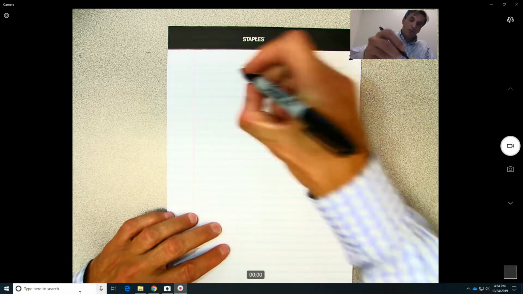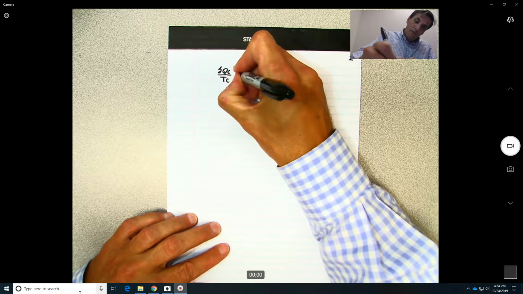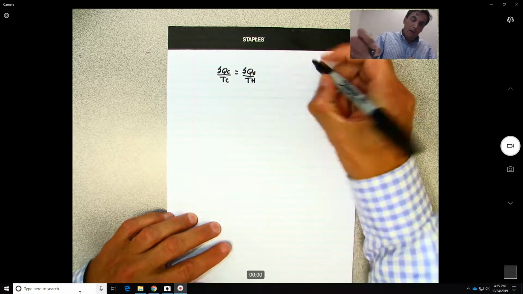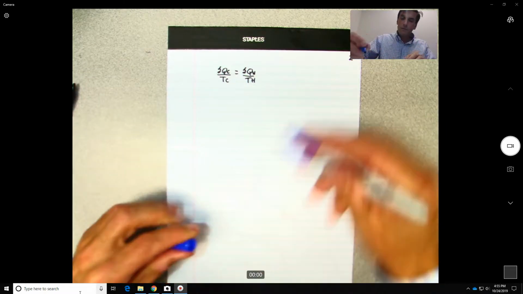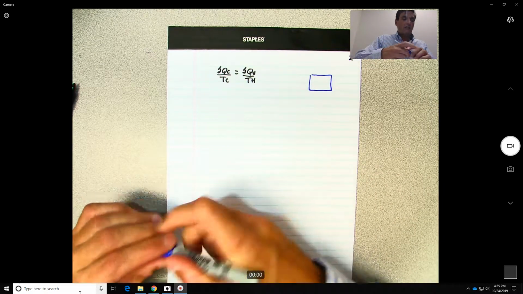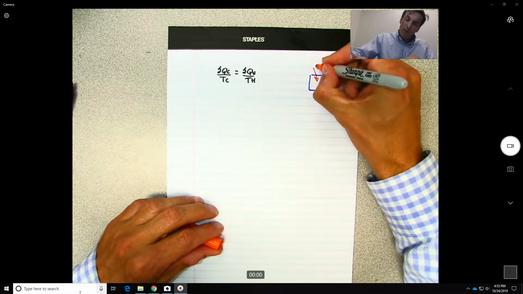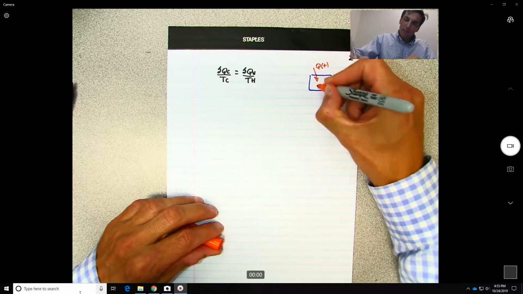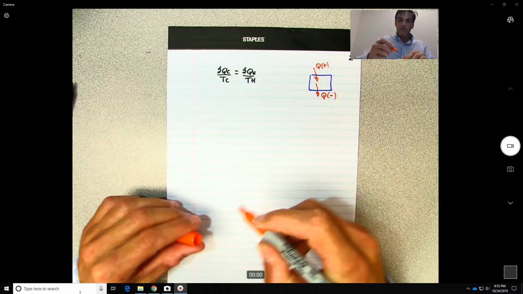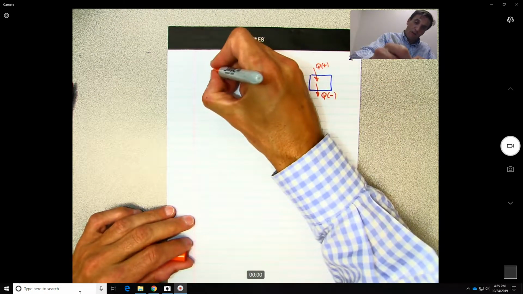So next, let me rewrite the same equation, and here just give a reminder about the sign convention for heat. Heat going in is positive, heat going out is negative. What does that mean? This heat over here is negative.